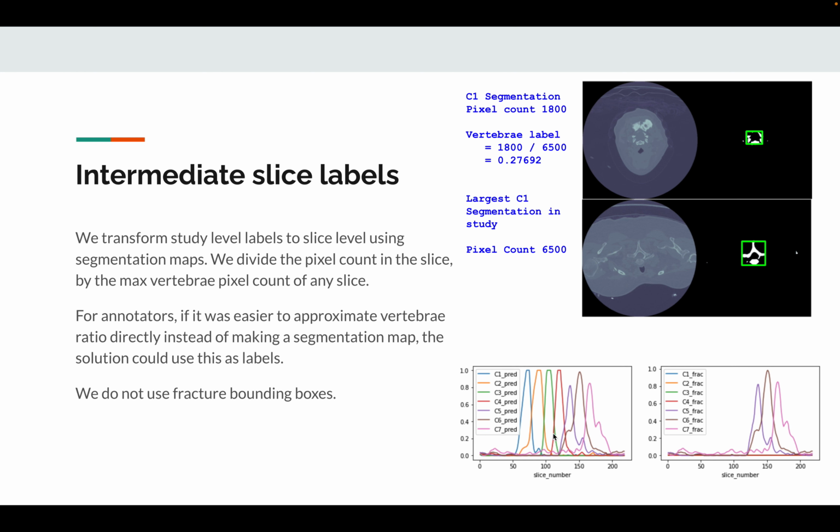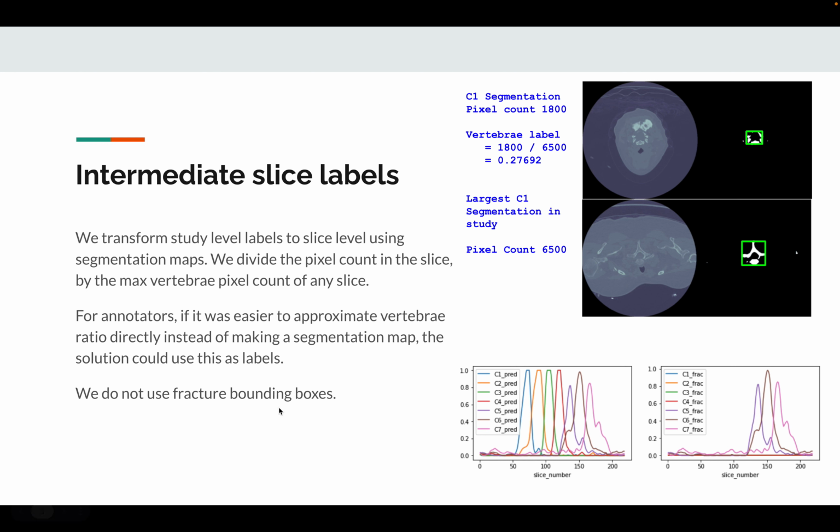Then that could be used as a label if that was easier to create than segmentations, and I think this could be a way that you could scale up and label things quicker than actually going into each slice and creating a segmentation map.